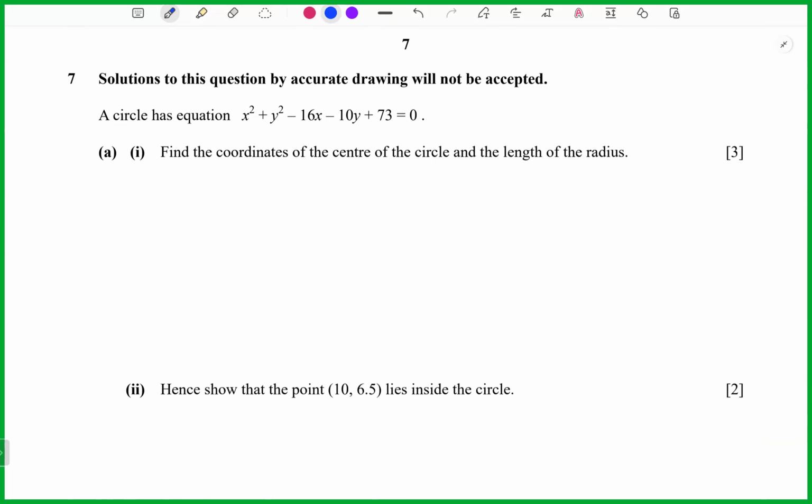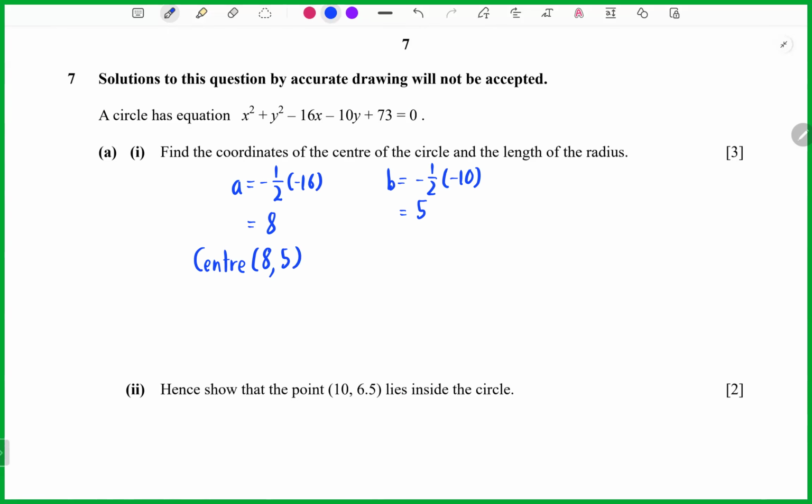So I take this part: A will equal to negative 1 over 2 of the coefficient of x, so negative 1 over 2 times negative 16 equals to 8. And then B will equal to negative 1 over 2 times negative 10, which equals to 5. So your center will be 8, 5.